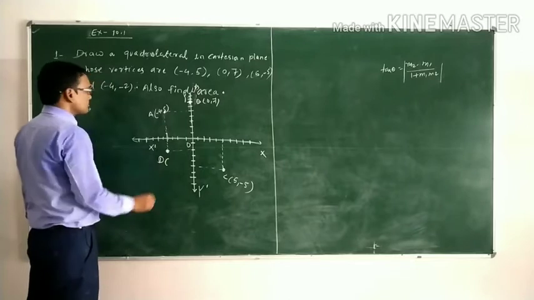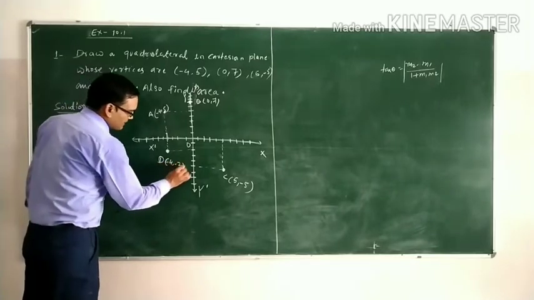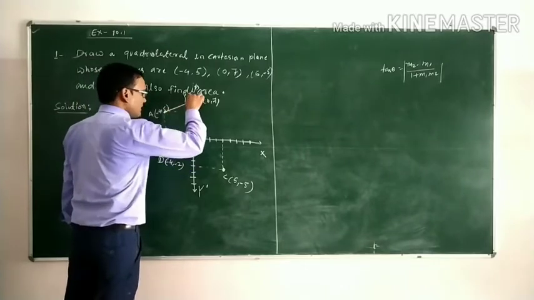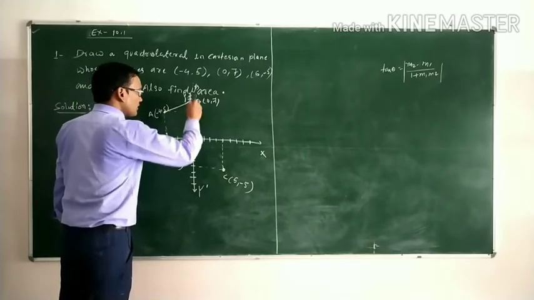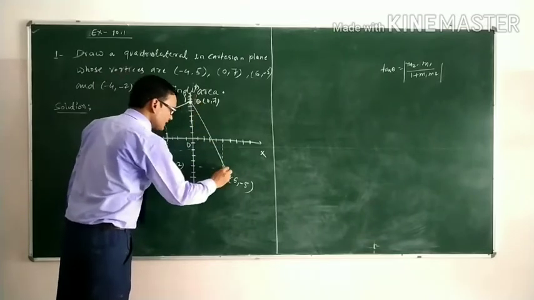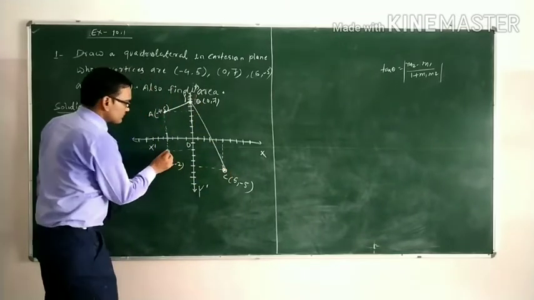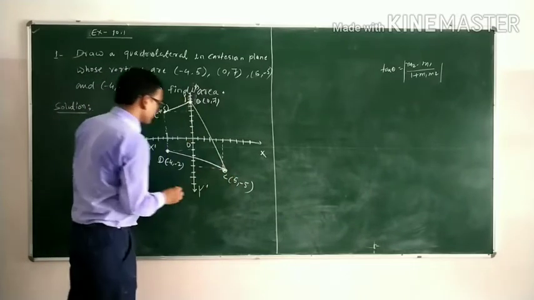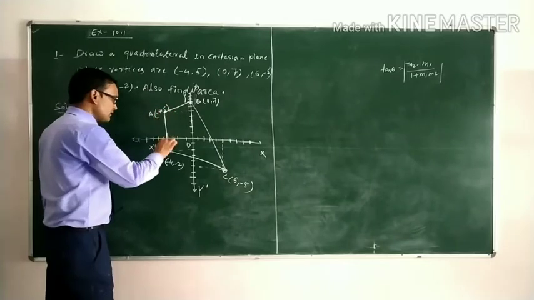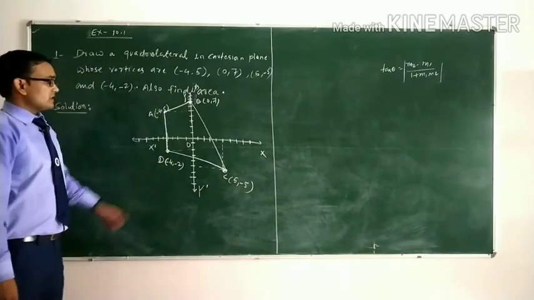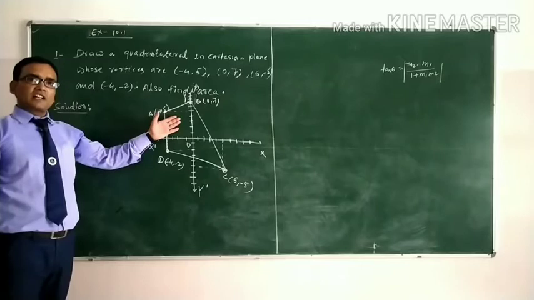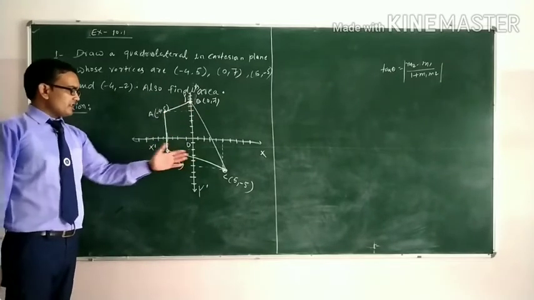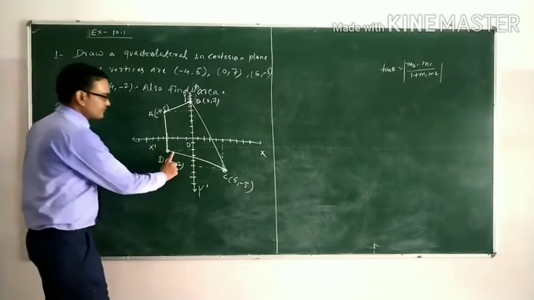This is D, minus 4, minus 2. We join AB, BC, CD and AD. This is our required quadrilateral. We draw the quadrilateral ABCD in a Cartesian plane.